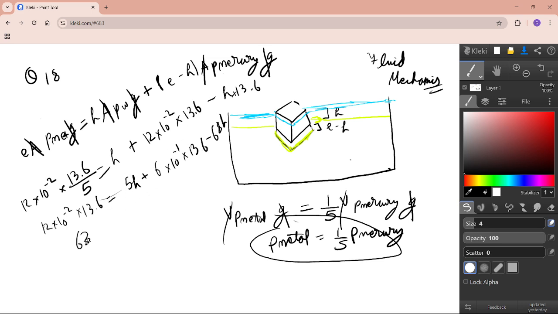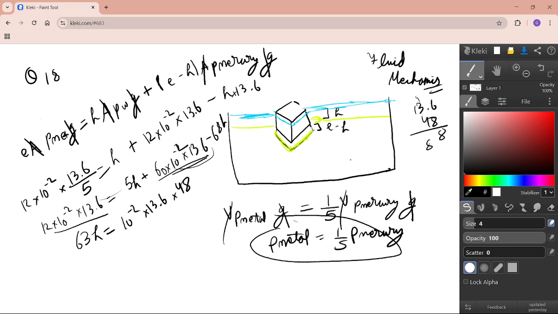It comes over here, so it becomes plus 63h. Then we calculate this thing. You can take 10 to the power minus 2 and this 60, and take 10 to the power minus 2 into 13.6 common. It comes out to be 10 to the power minus 2 into 13.6 times 48.